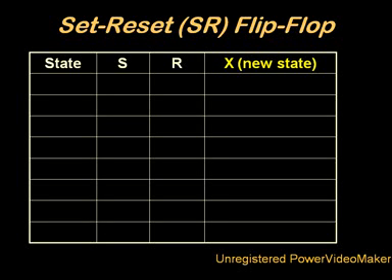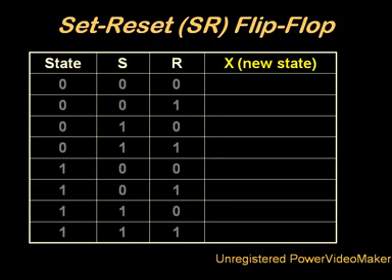Note that on my truth table, I have not just the inputs S and R, but also the state, the initial state. And there are 8 possibilities now, considering that I have those 3 different things that can vary. We'll fill them up in counting order like we always do.